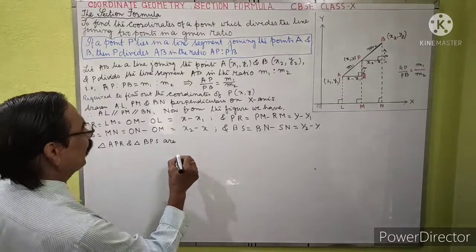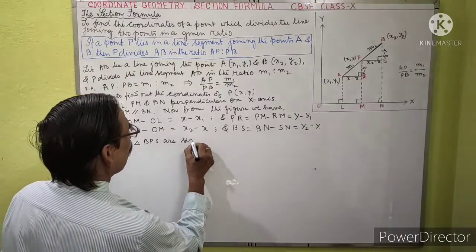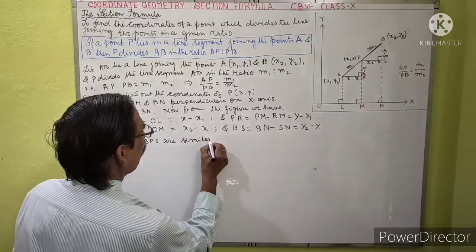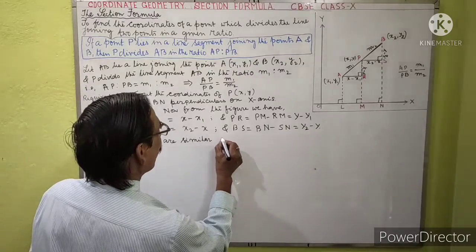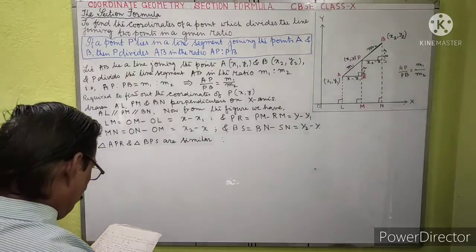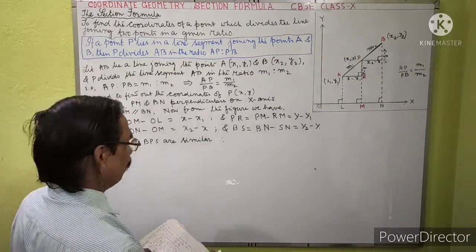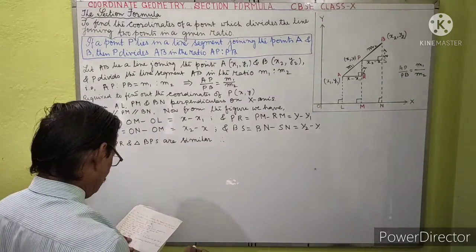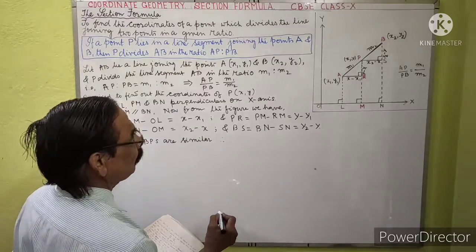Since they are similar, the corresponding sides are proportional.